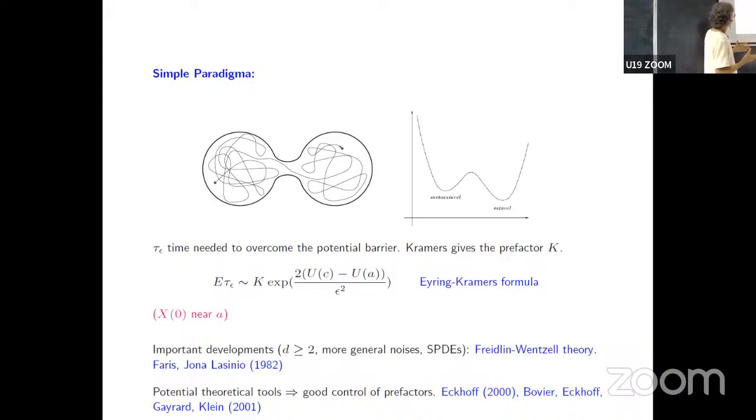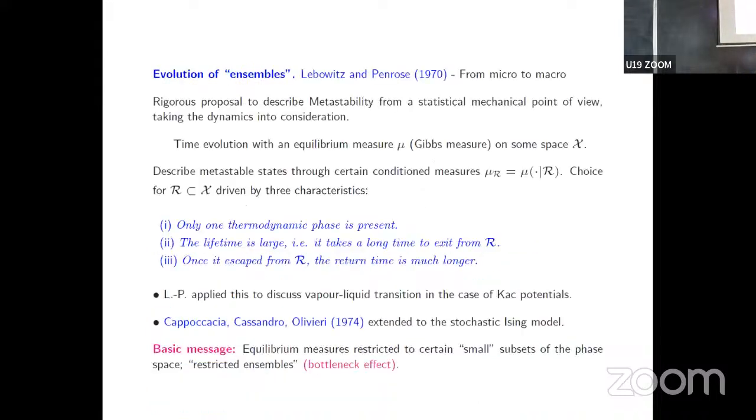In more general situations, in order to obtain a good control of k, usually it's important to take potential theoretical tools into account, and this has been done by a certain group of authors that I cite here. So there is a good development in this direction.